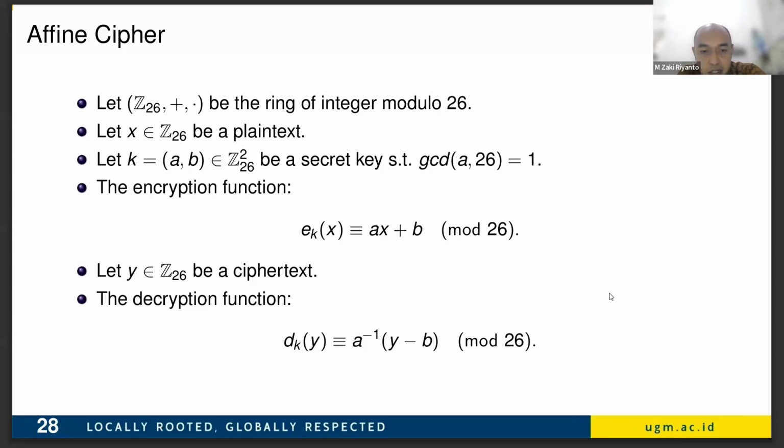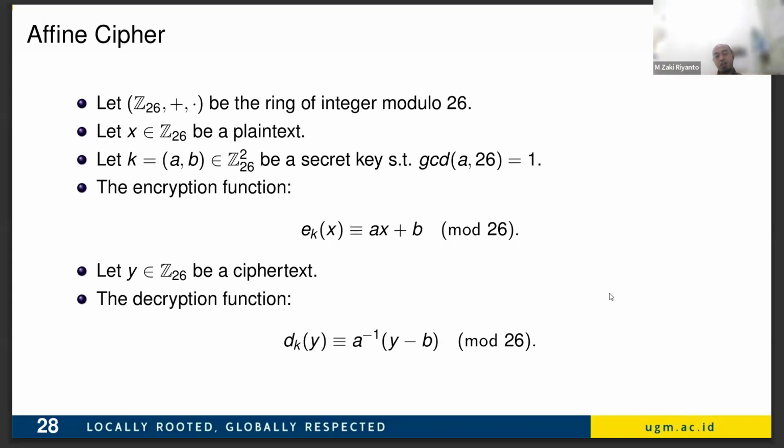And the encryption function is the affine function. So the secret key should be two integers a and b. But here, a must be invertible modulo 26, so the gcd of a and 26 must be 1.